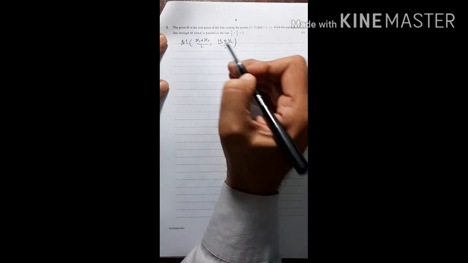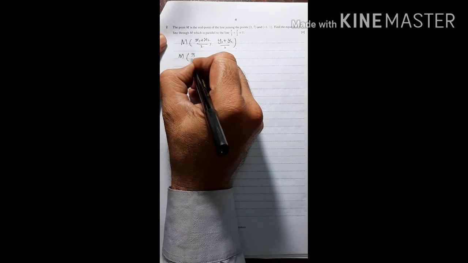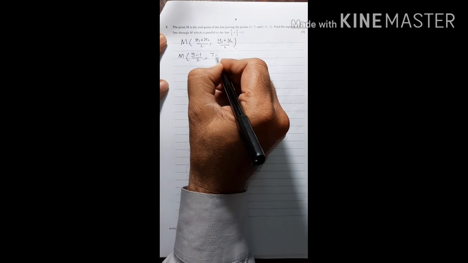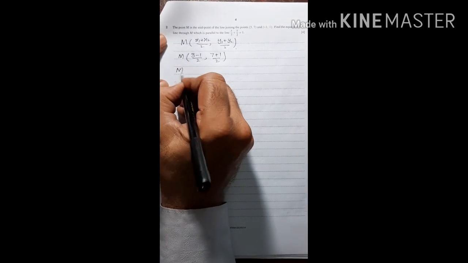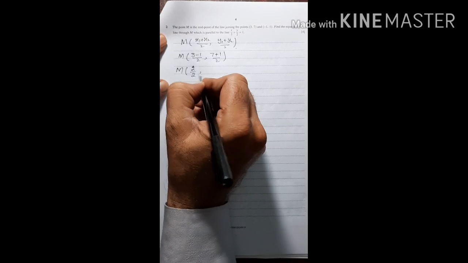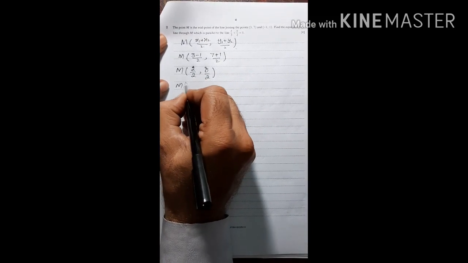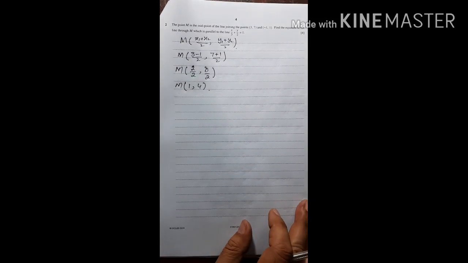By putting these values here, we get M = ((3 - 1)/2, (7 + 1)/2). So it becomes 2/2, 8/2, and that is (1, 4). So this is the midpoint of the two points.